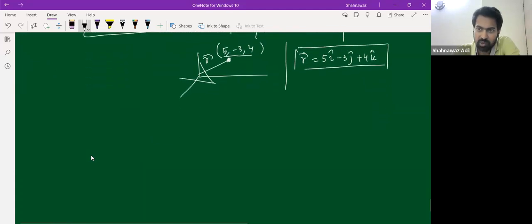So let's say I have a vector A, which is 4i. Nabila, you tell me what is the negative vector of this vector?